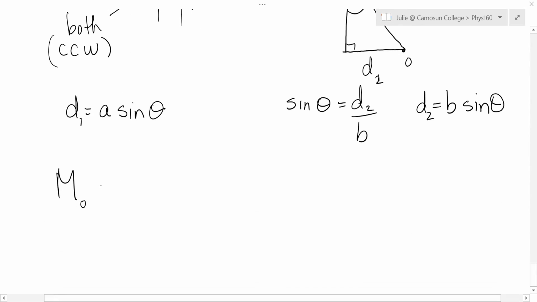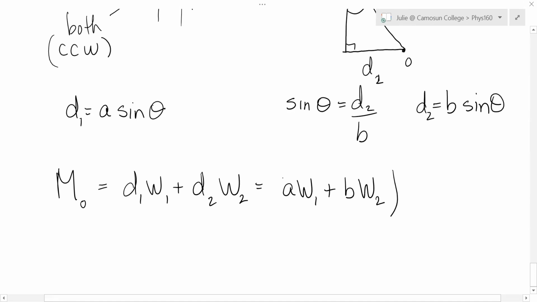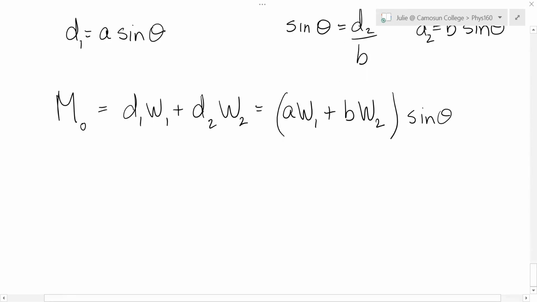So M about your shoulder is D1 W1 plus D2 W2, which is going to be A W1 plus B W2, and I'm going to factor out the sine theta. Now, when your arm was directly over your shoulder, theta was 0, and sine of theta is 0. That's why the torque was 0. So this is in general for any position. Okay, and theta is the amount you've tipped away from vertical.